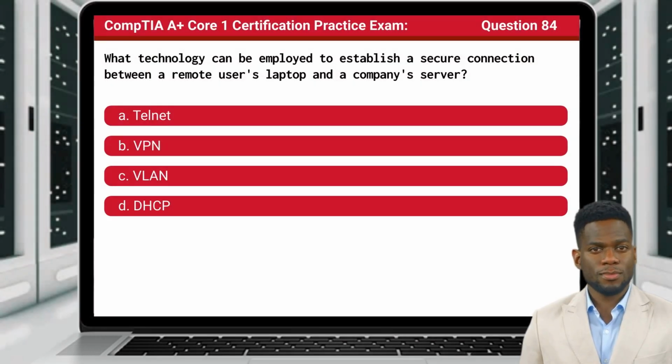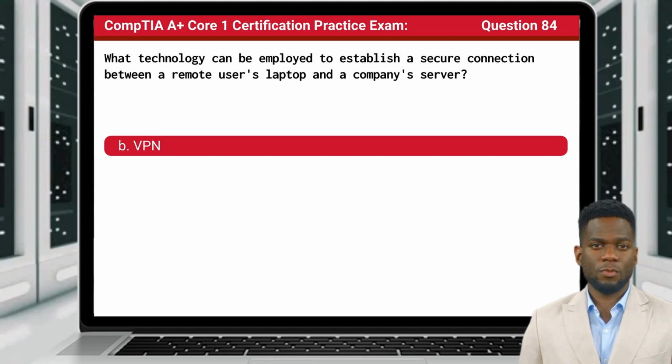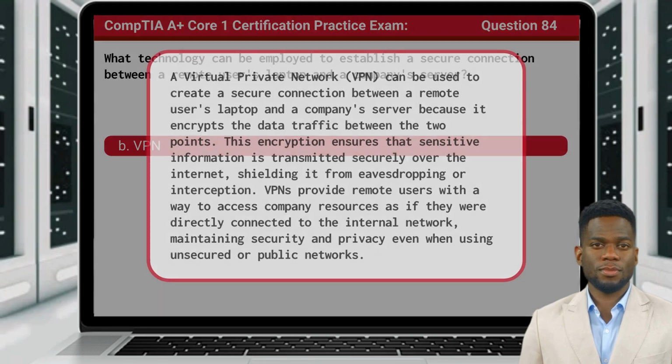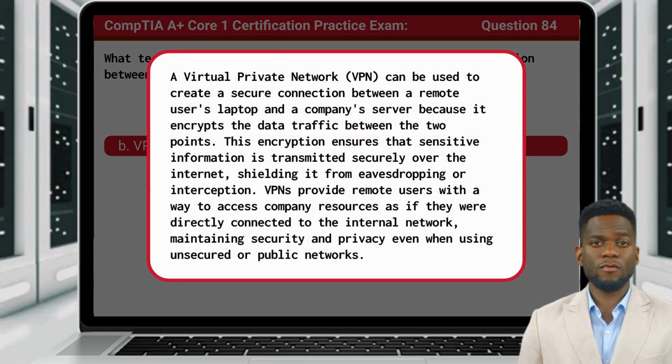Question 84. What technology can be employed to establish a secure connection between a remote user's laptop and a company's server? The answer is B. VPN. A virtual private network, VPN, can be used to create a secure connection between a remote user's laptop and a company's server because it encrypts the data traffic between the 2 points.